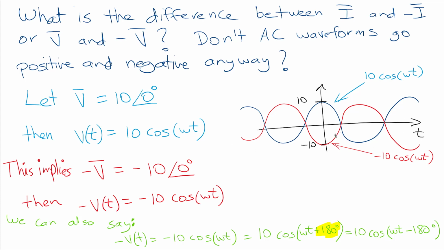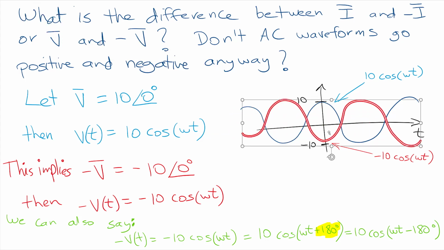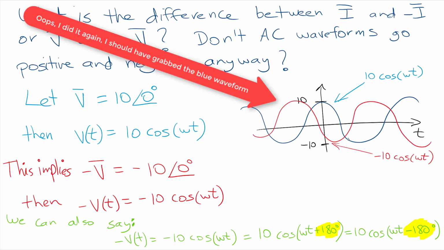We've taken this waveform and shifted it 180 degrees backwards. If I drew my waveforms better, they would line up perfectly. And what about minus 180 degrees? It's also equivalent to that. That's as if I took that waveform and shifted it rightwards by 180 degrees. So that is the implication of that.